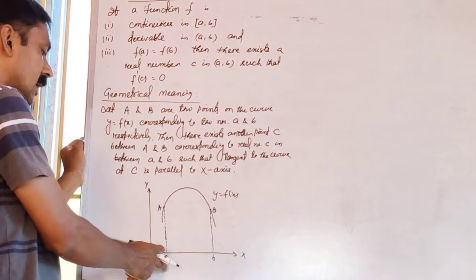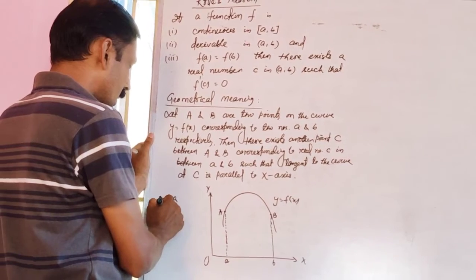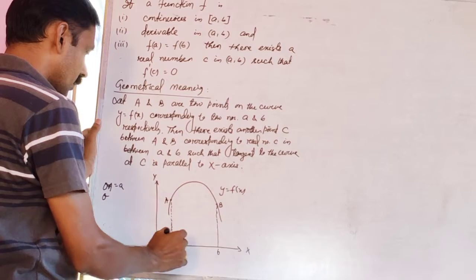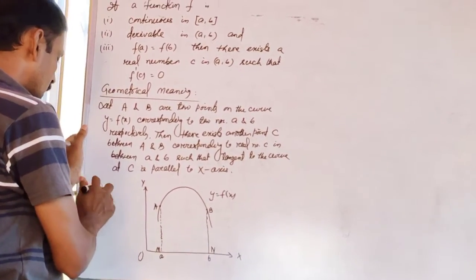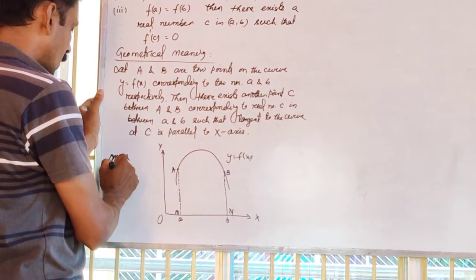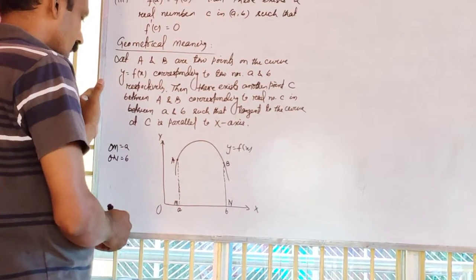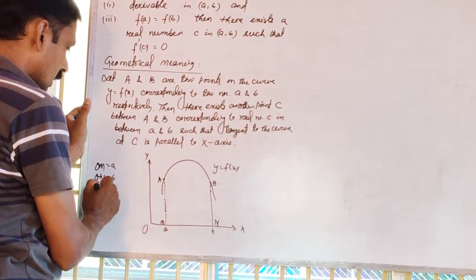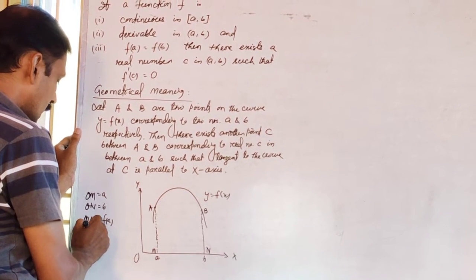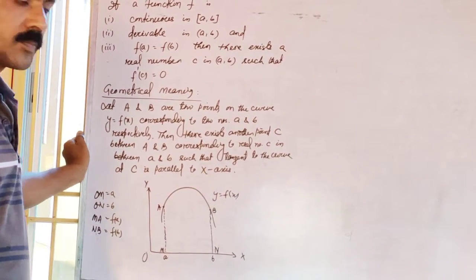Here x equal to a, OM equal to a, so this point is M, and OM equal to b. Then here MA will be f of a and MB equal to f of b.